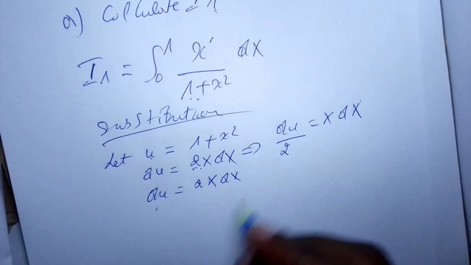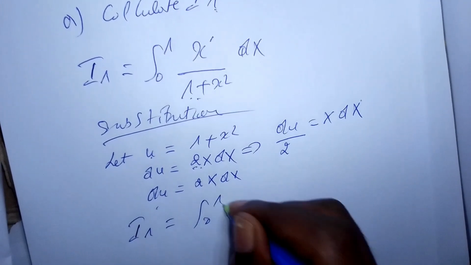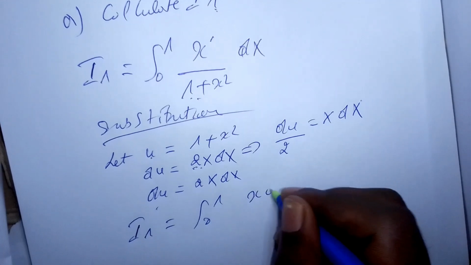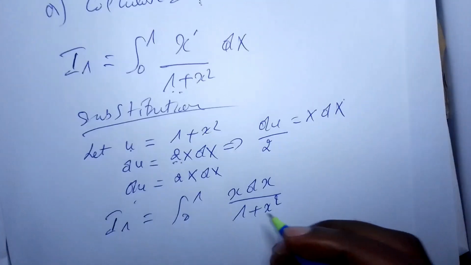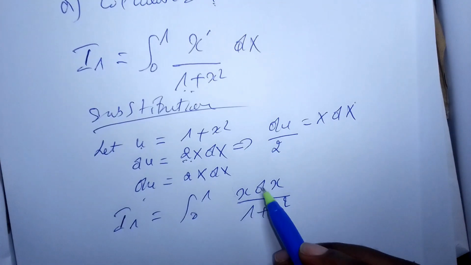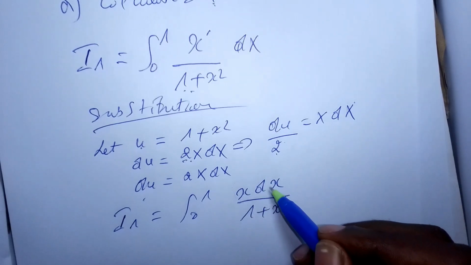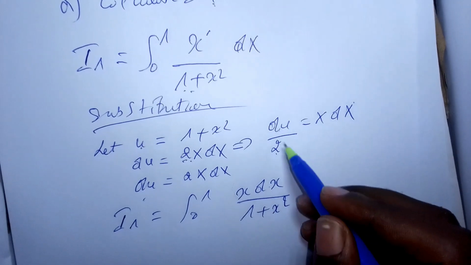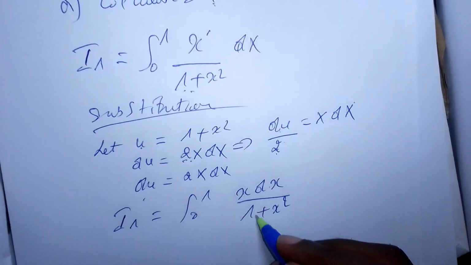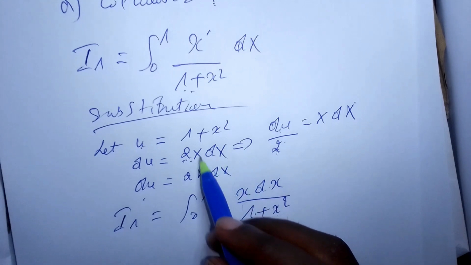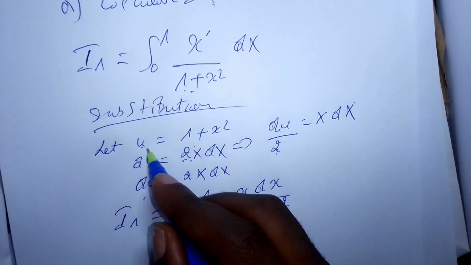So in our problem we have I1 equal to the integral from 0 to 1 of x dx over 1 plus x squared. Here x dx equals du over 2, and 1 plus x squared equals u.